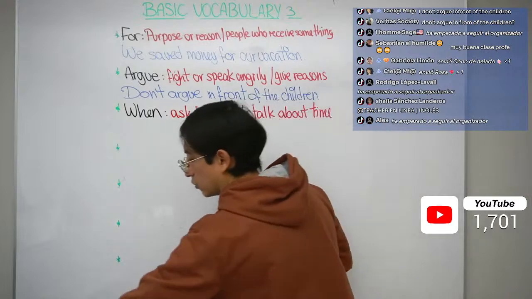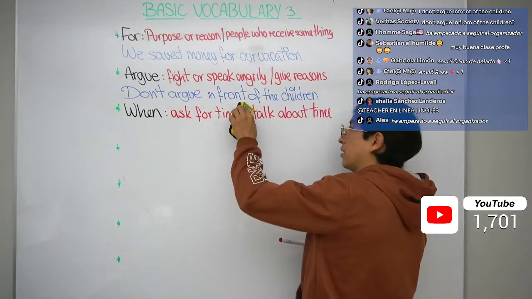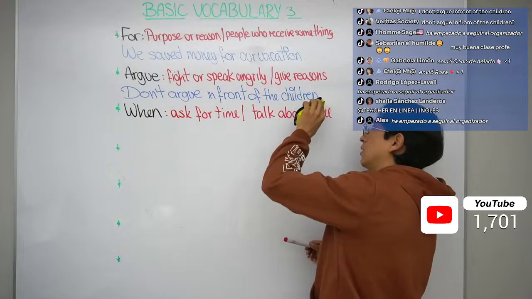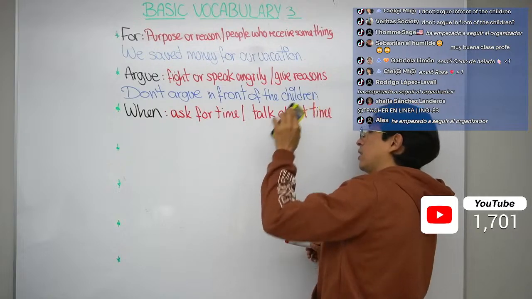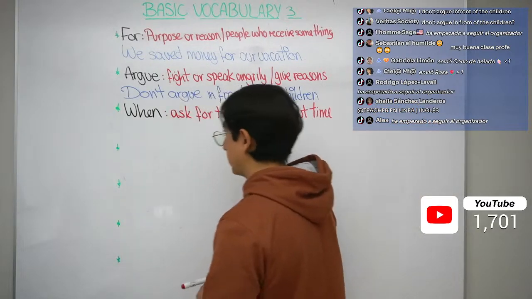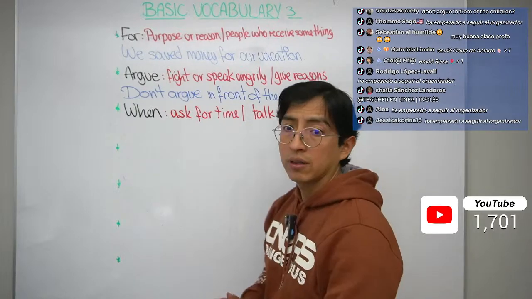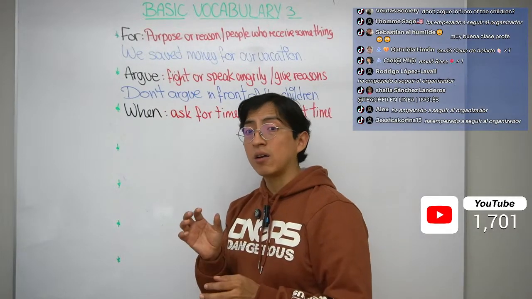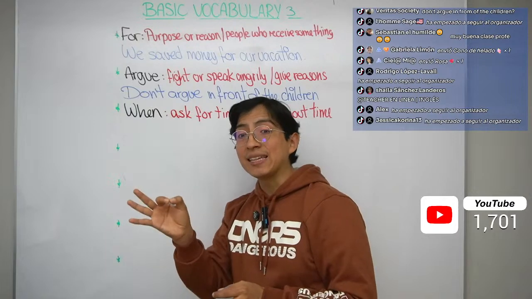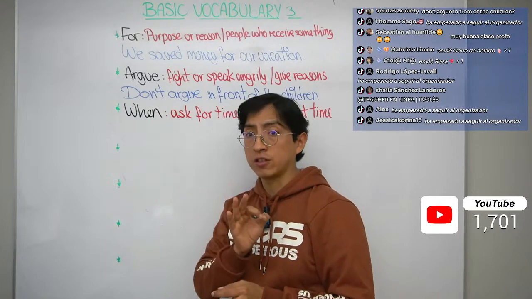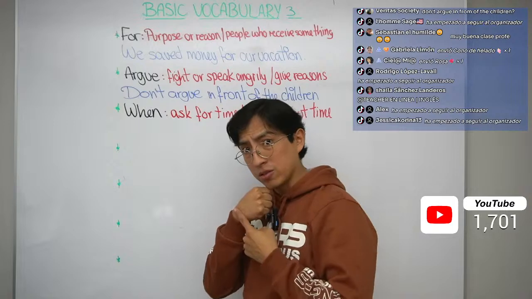So this is something very important because when is a question word. What is a question word? It's a word that we use at the beginning of the question. Okay, we're talking about time.